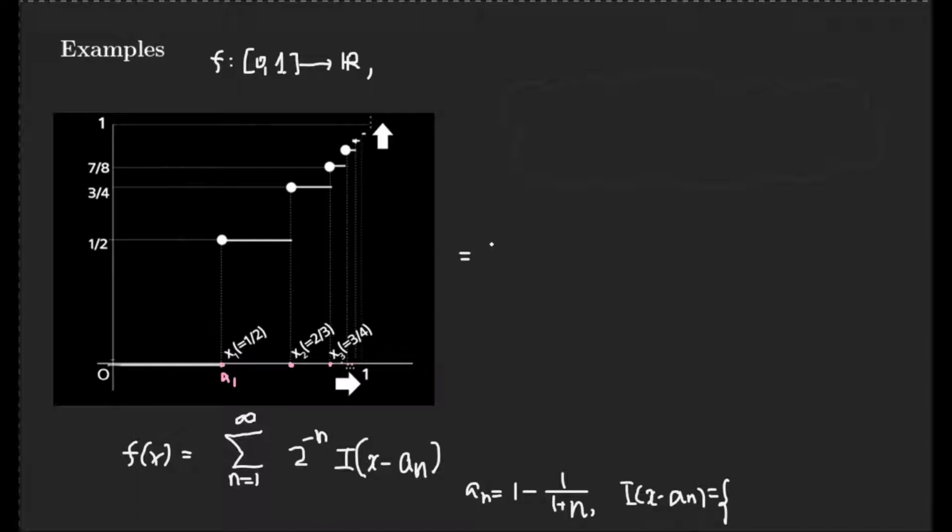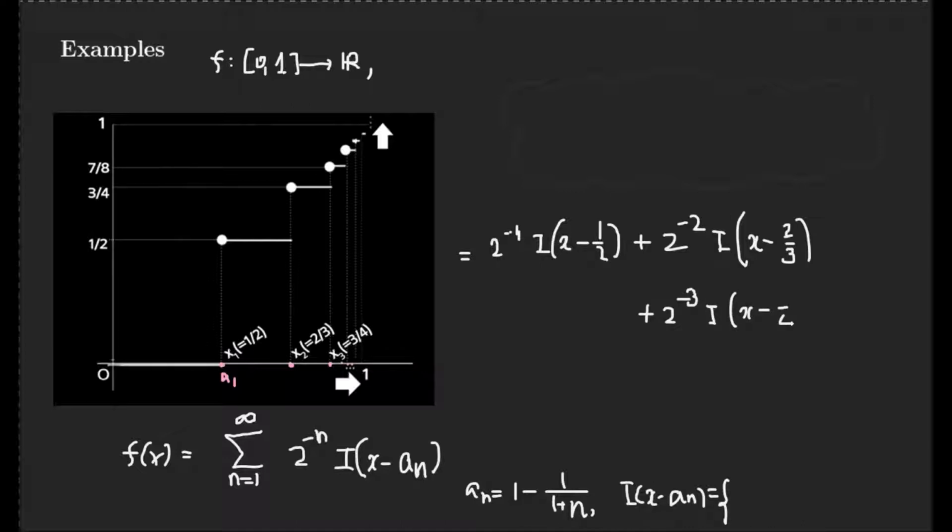Let's directly expand the sum. The first term is 2 to the minus 1 times I(x minus 1 over 2), the next term is 2 to the minus 2 times I(x minus 2 over 3), and the third term is 2 to the minus 3 times I(x minus 3 over 4), and so on.